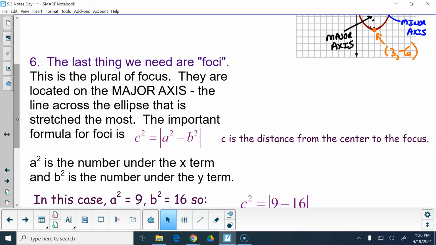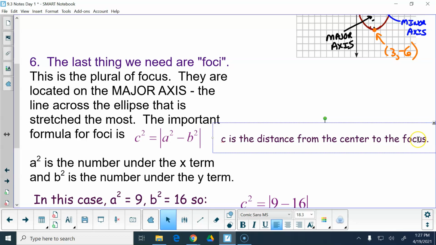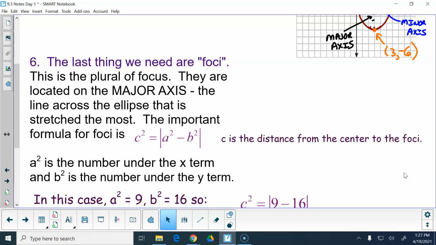C squared is equal to the absolute value of a squared minus b squared, where c is the distance from the center to those foci.